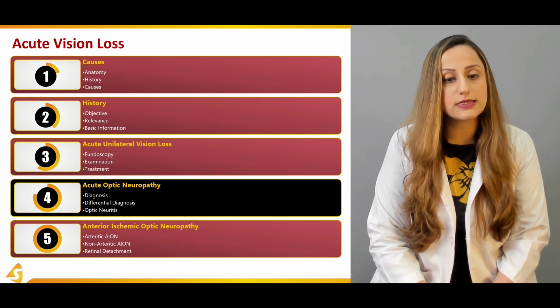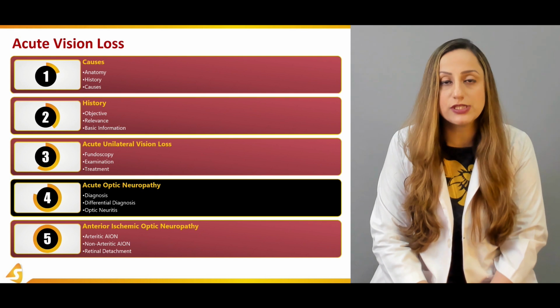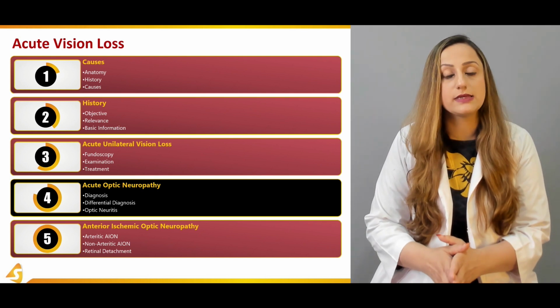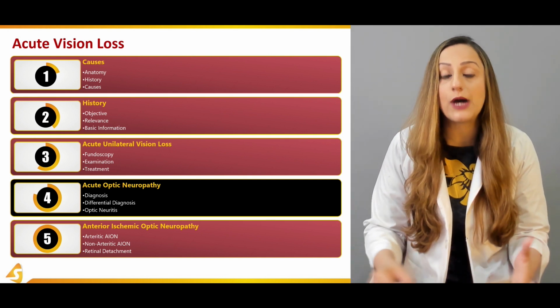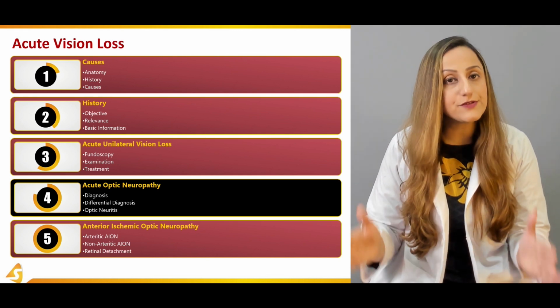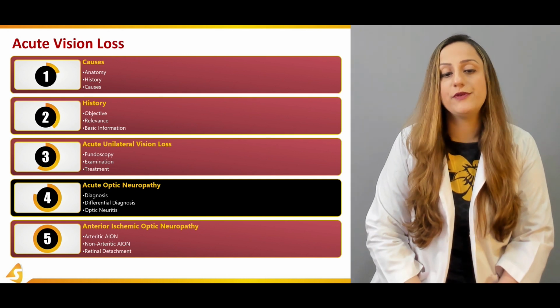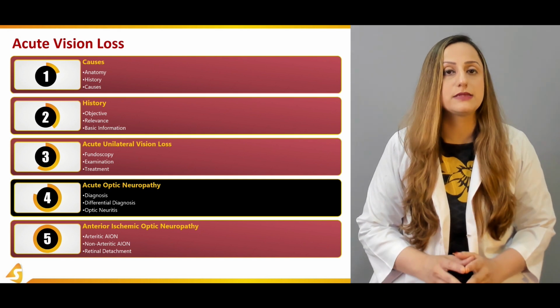The diagnosis has to be made, obviously, and it's again very important, the differential diagnosis and how to rule out the other factors when we have the same causative factors. How to definitely get to that diagnosis, and then we'll finally be defining the optic neuritis in this section over here.